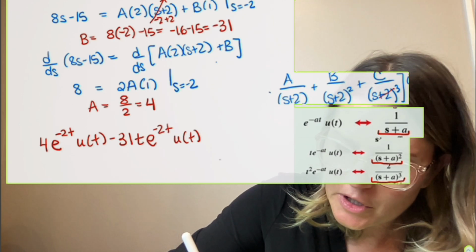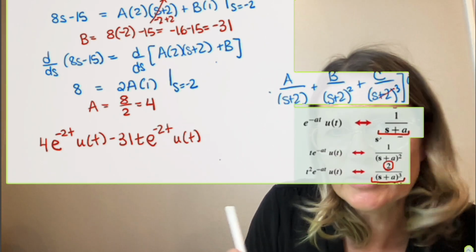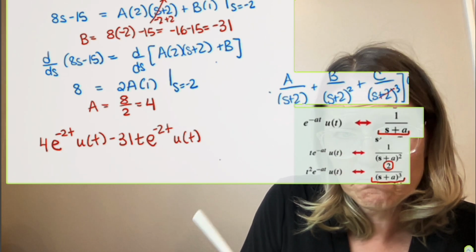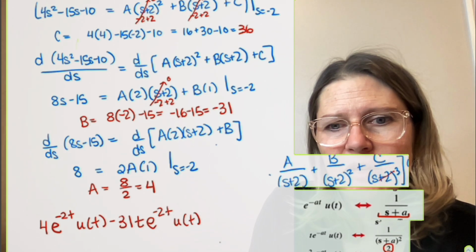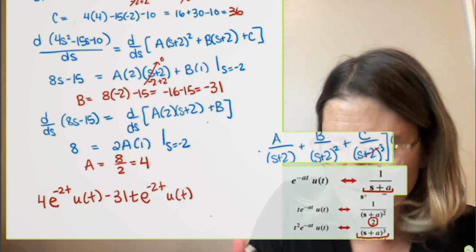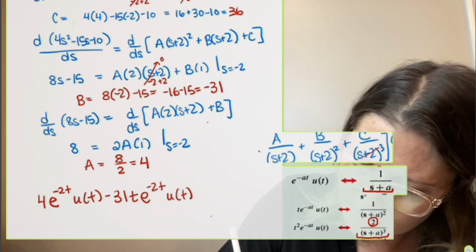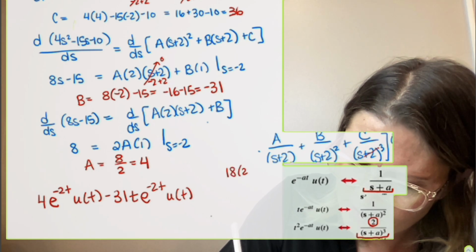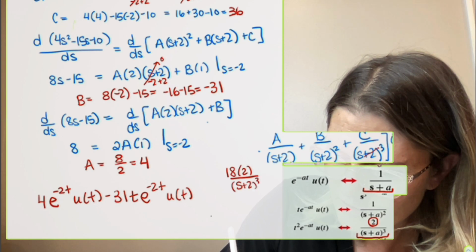And now for the s cubed, we note that we have a 2 on the top, and so we have to take half of the 36 in order to leave a 2 on that bottom. And so the c term actually needs to be 18 times 2 over s plus 2 cubed.